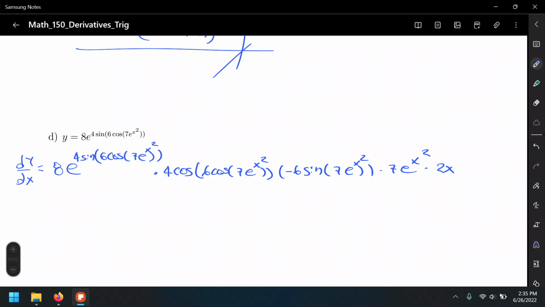There's really not much to simplify, other than multiplying the coefficients 2 times 7 times 6 times 4 times 8. Of course, there's a negative going on in there.